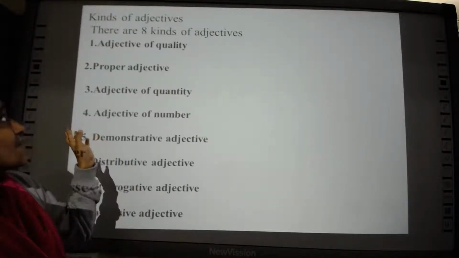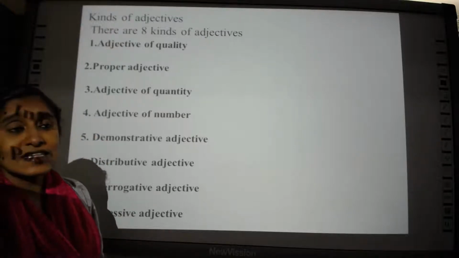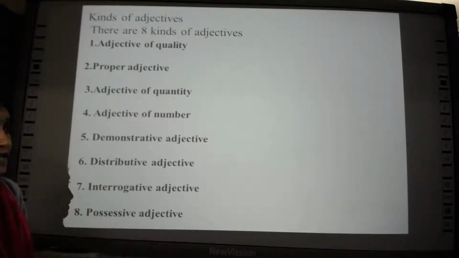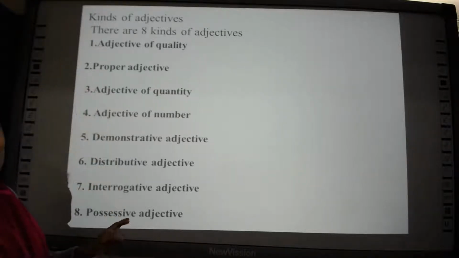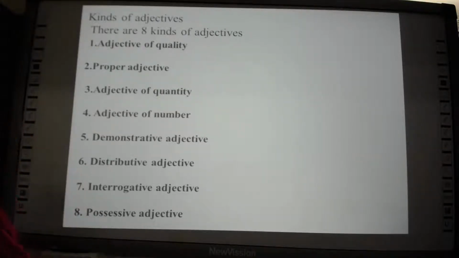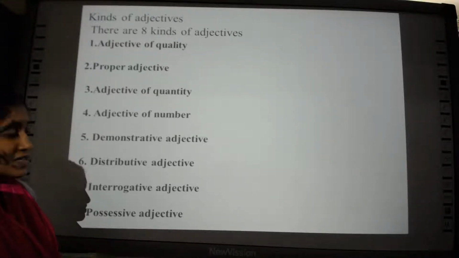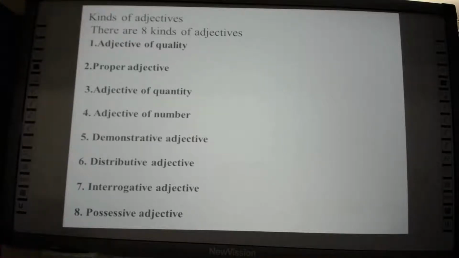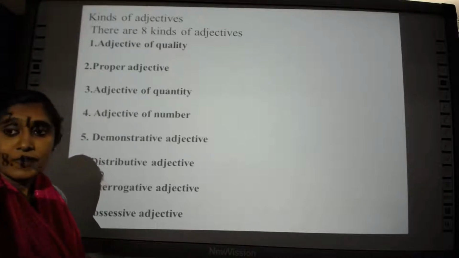So, what are the various kinds? There are 8 kinds of adjectives. The first one is adjective of quality. Second one is proper adjective. Third one is adjective of quantity.